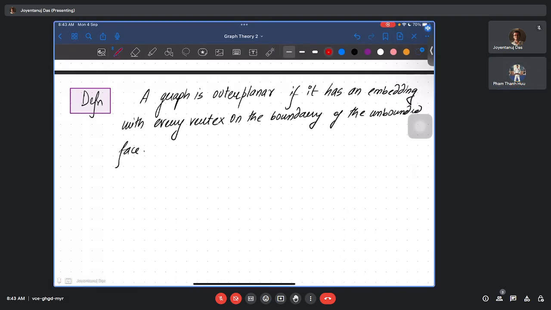So a graph is said to be outerplanar if it has an embedding with every vertex on the boundary of the unbounded face.